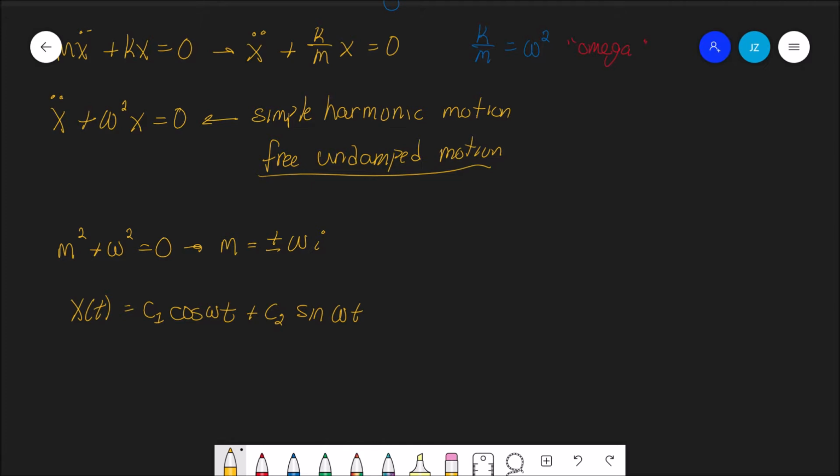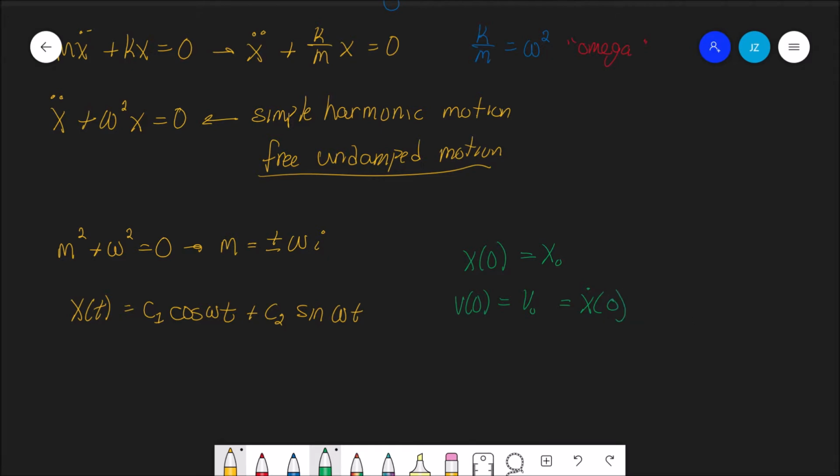But as was stated previously, we have initial conditions. We have an initial displacement, let's call it x naught. We have an initial velocity, let's call it v naught. Now remember, velocity is the first derivative of displacement.